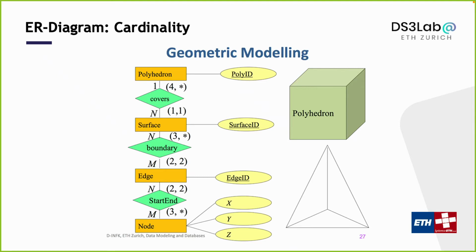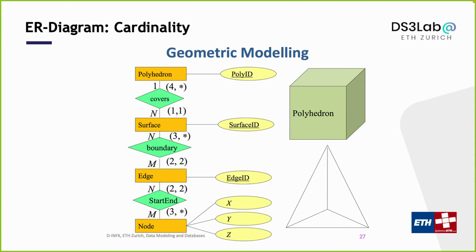And then if you look at the connection between edge and the start and end node, that specifies you have an edge, this is the starting node, this is the end node. How many times can a single edge participate in this relationship? It's 2. A single edge has 2 nodes. I cannot have a single edge corresponding with 3 nodes because I don't know what that means. So in this three-dimensional space, it can participate twice and only twice.